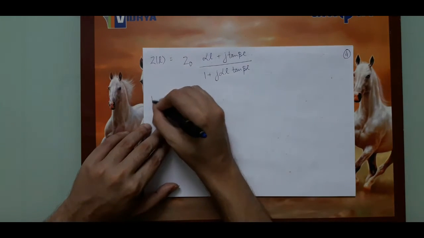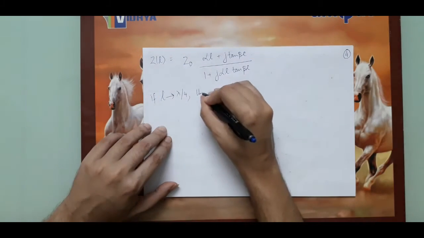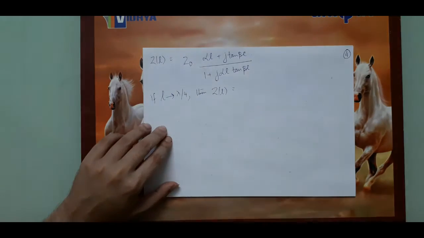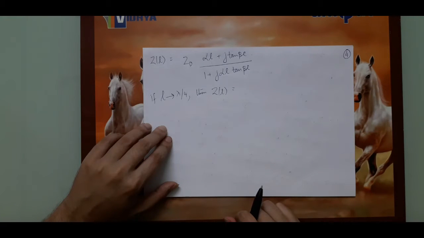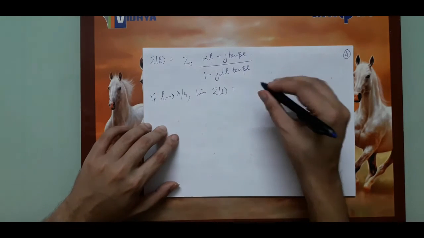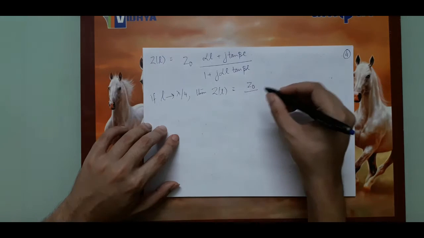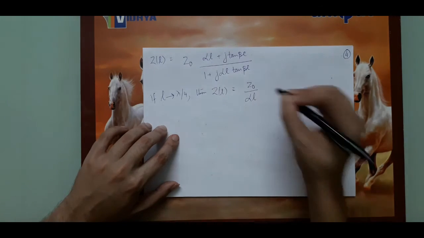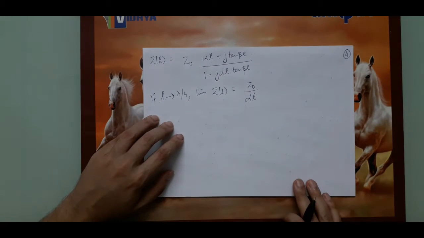Now if I say that the length of the line tends to lambda by 4, then Z of L will be what? If you take this tan term common outside, they'll cancel out, and what you will see is that Z of L will be almost equal to Z0 by alpha L. Now, if this had been a perfectly lossless line, what would have been ZL?